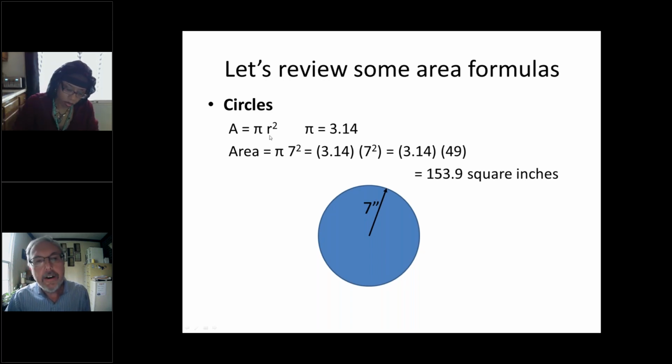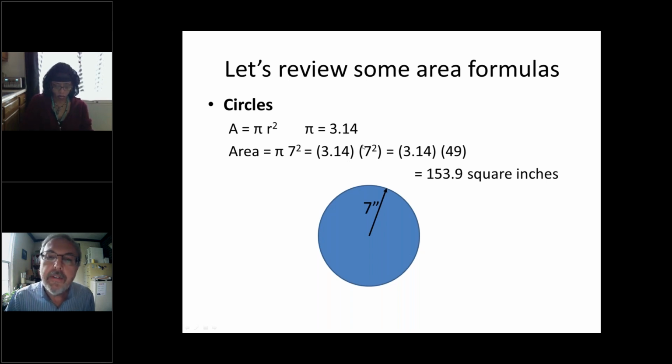So to find out the area of the circle, we have pi times the radius squared. So it's pi times 7 squared. So the area of that circle is pi, 3.14. We'll substitute that in for pi. 3.14 times 7 squared.